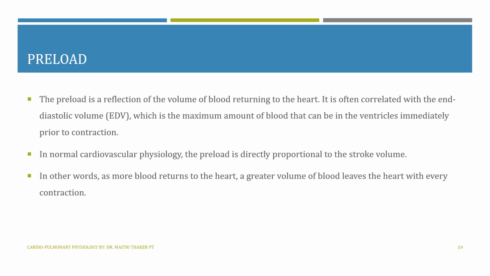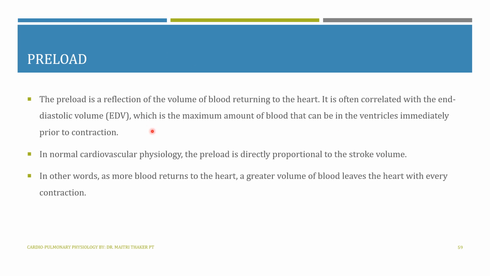Let's understand it in an easy way. Just before the ventricle is to contract, the amount of blood in the ventricle is the end diastolic volume. So whenever the ventricles are relaxing, how much blood they can store is our preload. In normal cardiovascular physiology, the preload is directly proportional to the stroke volume.